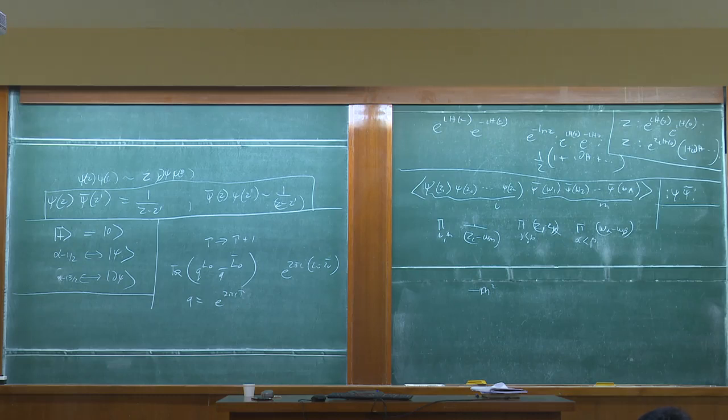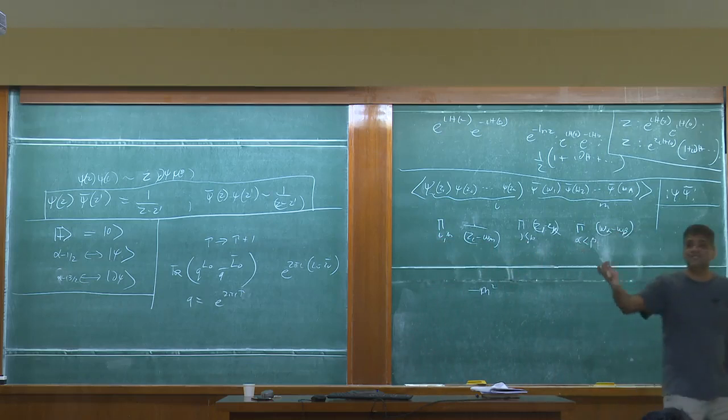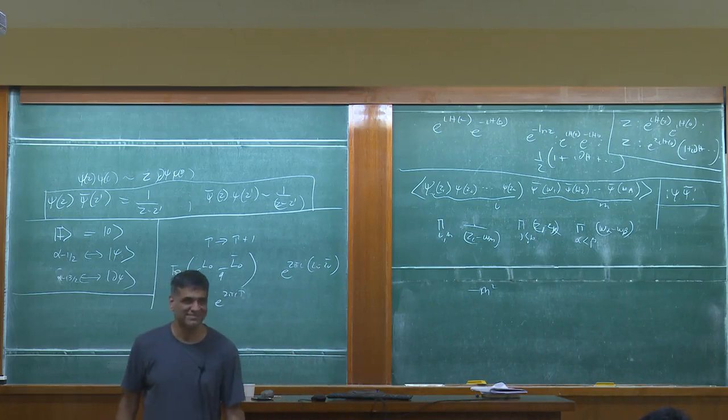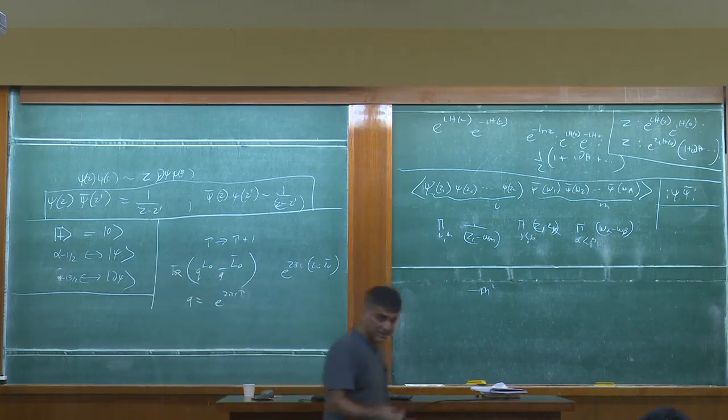And so we found something quite marvelous. We found that any correlation function that you could write down with psi's and psi bars is the same as any correlation function you can write down with e to the power ih's and e to the power minus ih's. Now, there was this question about descendants, right?